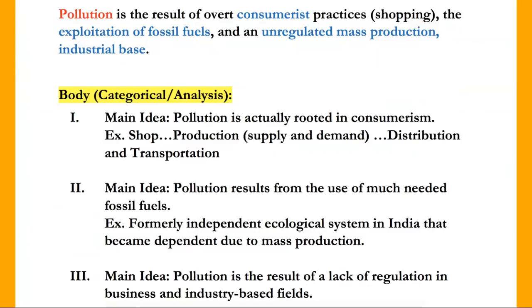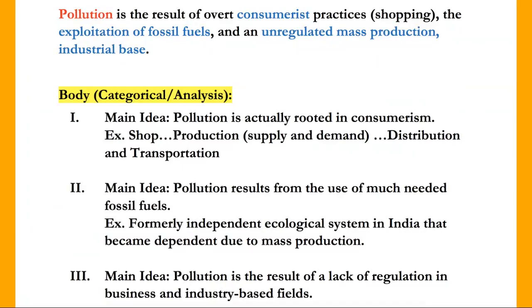Structurally, it's also categorical, and I'm demonstrating several main ideas. The first shows the relationship between the effect of pollution, and this is argumentative, right? Rooted in consumerism, shopping. The second one is pollution, the result of much needed fossil fuels, burning of fossil fuels.